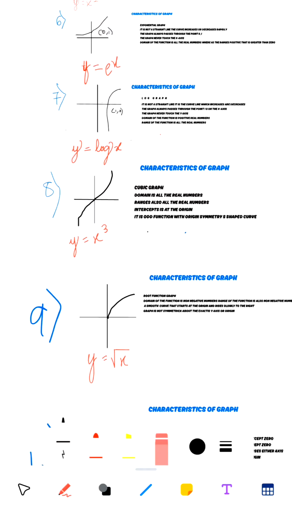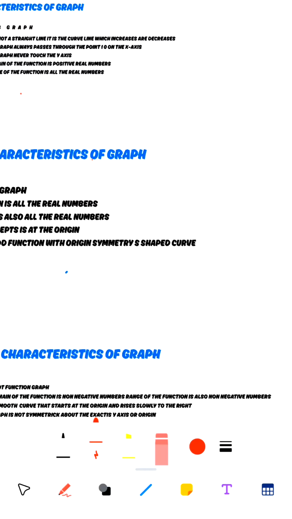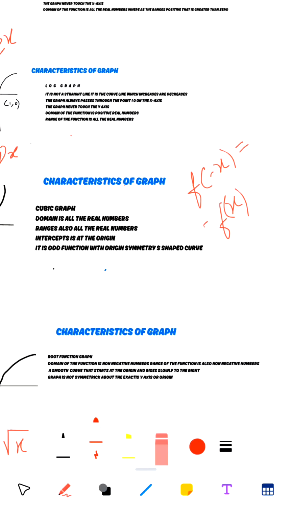So odd function is nothing but, my dear students, remember, whenever f of minus x is equal to minus f of x, your function is said to be an odd function.